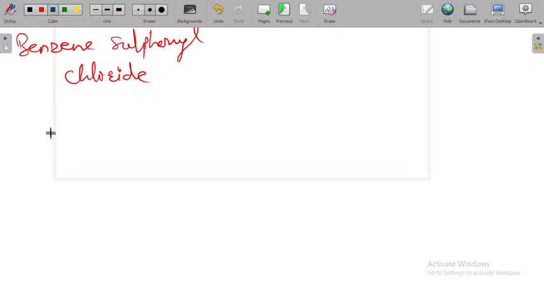Okay, so here this is the primary amine. Suppose I am taking directly the example of methylamine, CH3NH2.